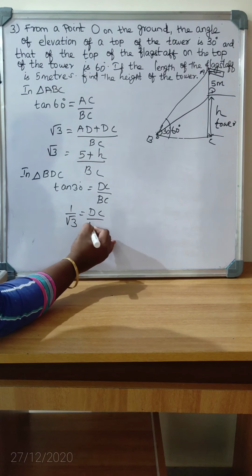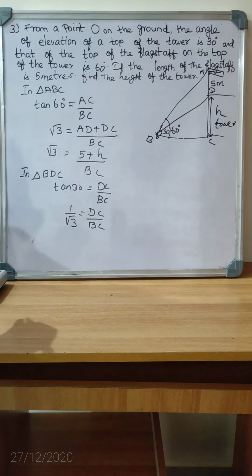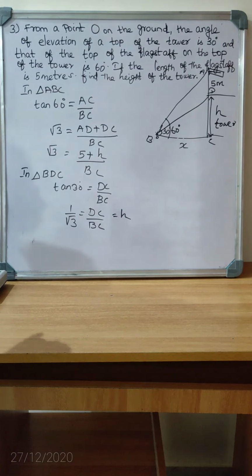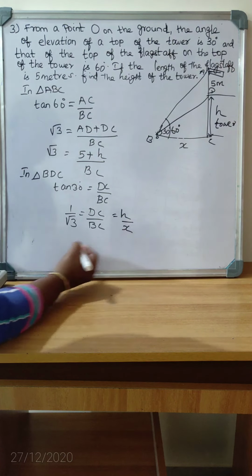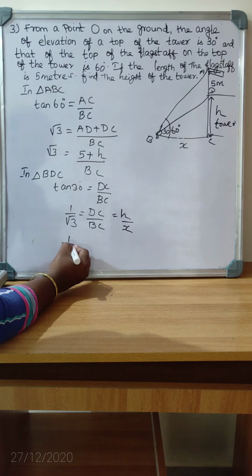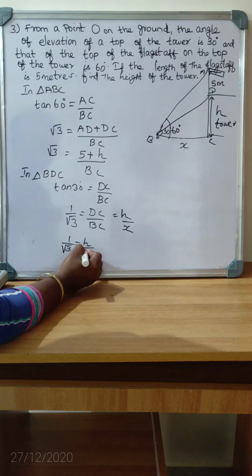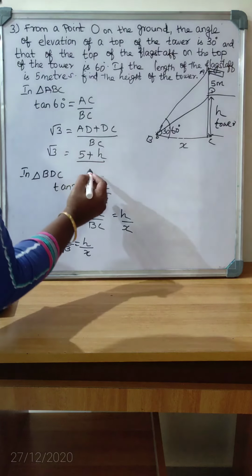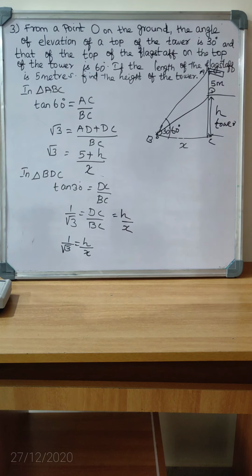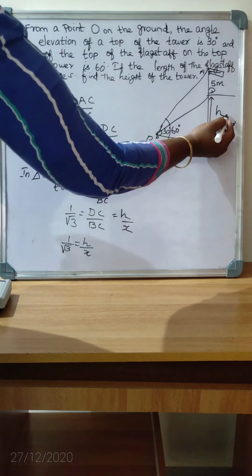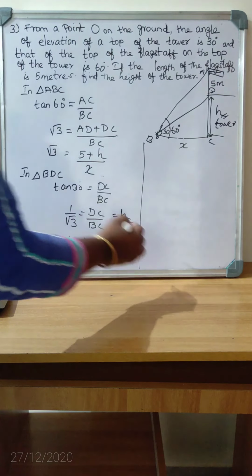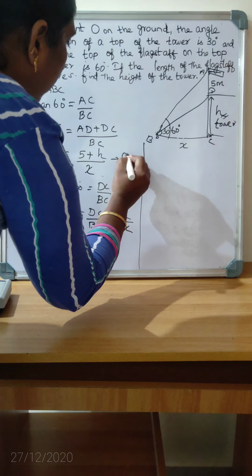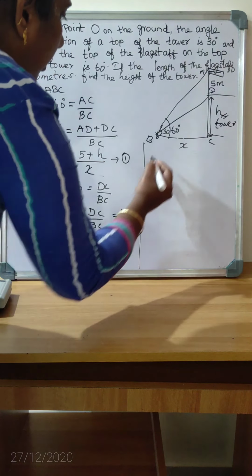So DC by BC, DC is nothing but H. BC, if you want, you can keep it as X. So 1 by √3 equals H by X. So here also instead of BC, we can take it as X. So we want the height of the tower. So you are going to equate the X value in both the equations. So in the first equation, and this is the second equation.